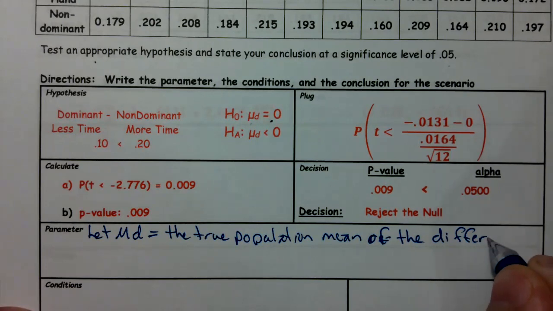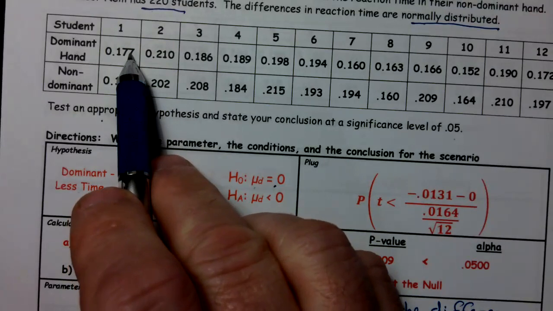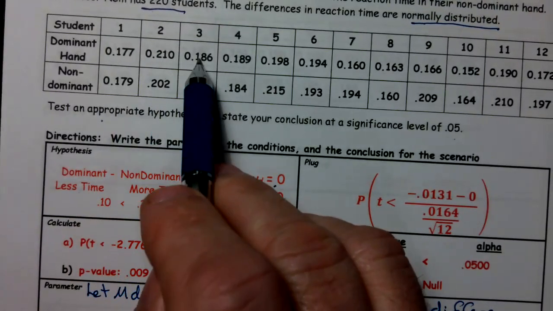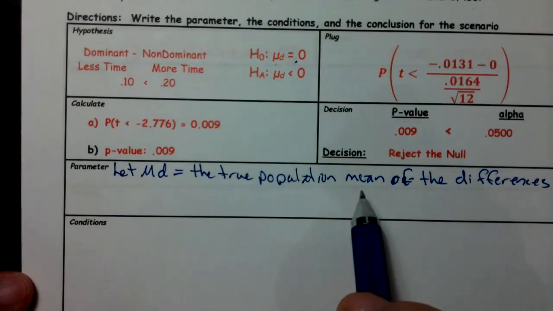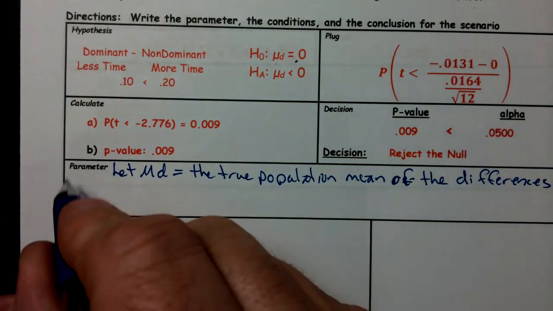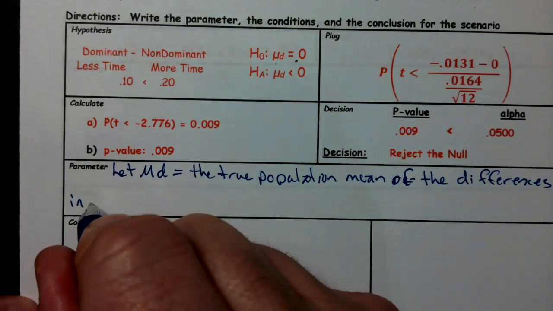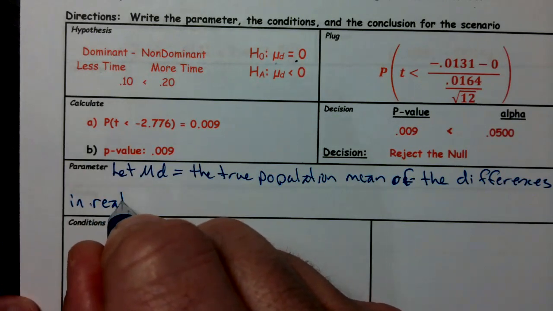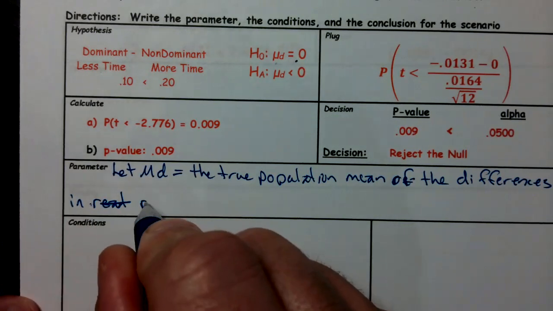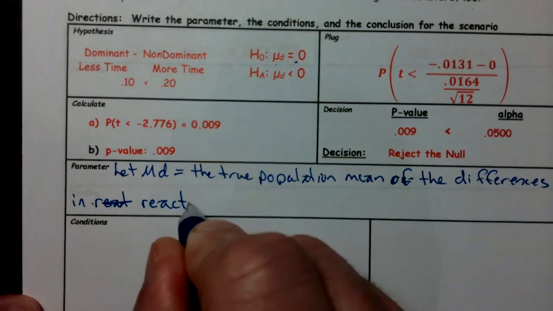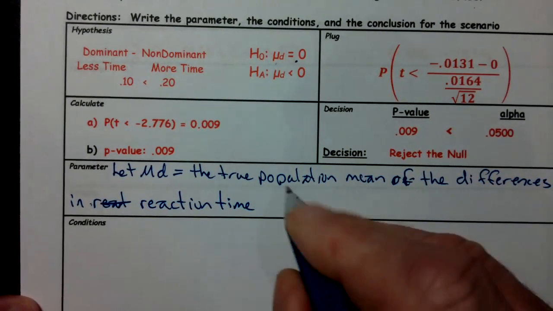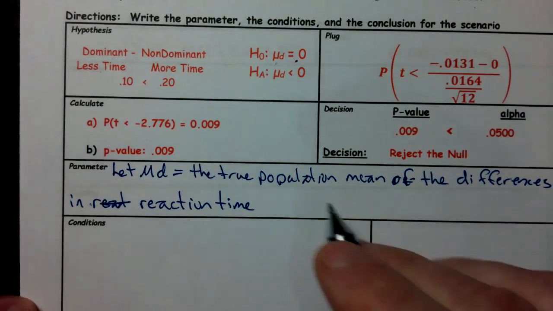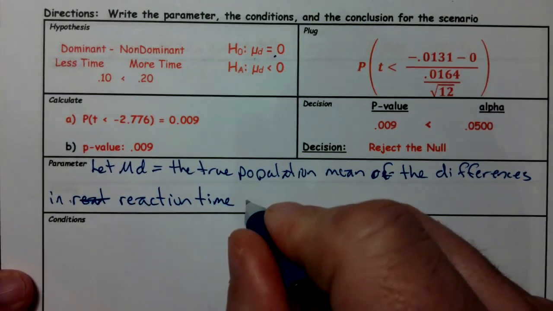Well, we said differences because we are ultimately going to subtract for each one, this minus this. So we took a bunch of differences and then we took the average of those differences. The true population mean of the differences in reaction time. Having trouble spelling this morning. Reaction time. And then we went dominant hand minus non-dominant.